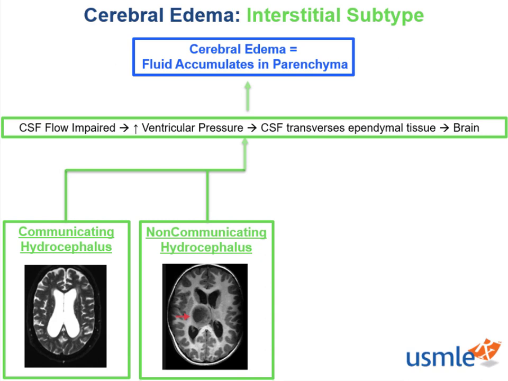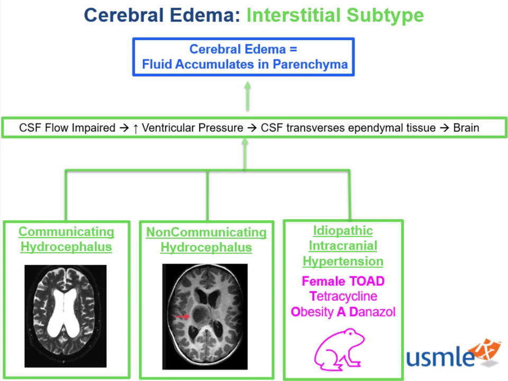Like hydrocephalus, idiopathic intracranial hypertension can also lead to increased ventricular pressures, leading to interstitial edema. This condition is also called pseudotumor cerebri, with pseudo meaning false to indicate the false or non-existent presence of a tumor in the cerebri or brain causing increased ventricular pressure, like would be expected from non-communicating hydrocephalus.